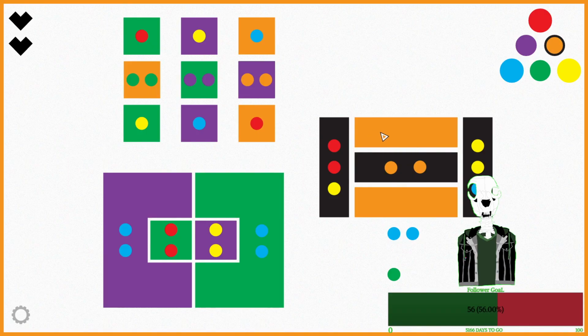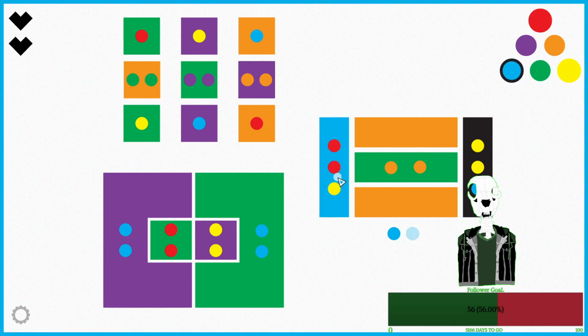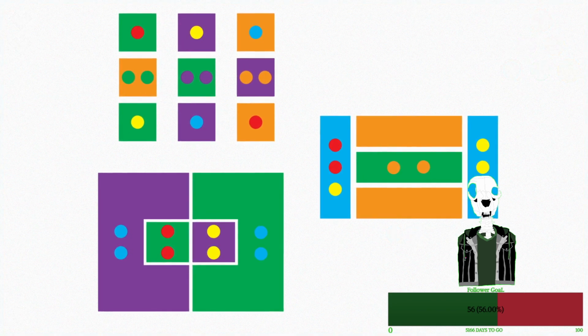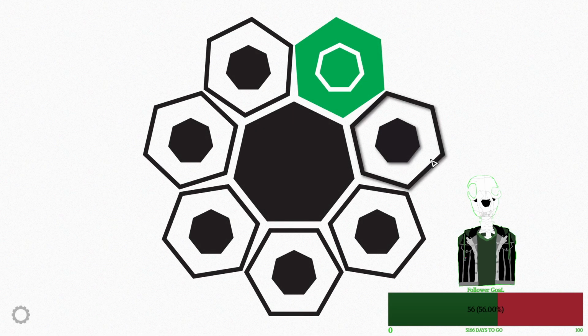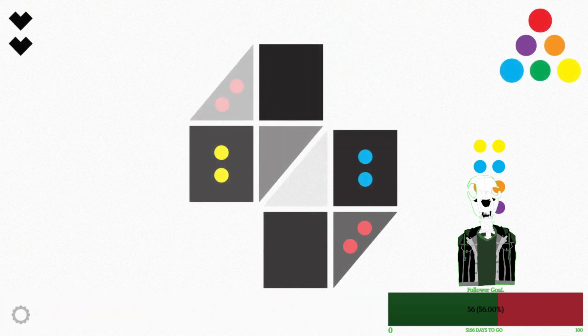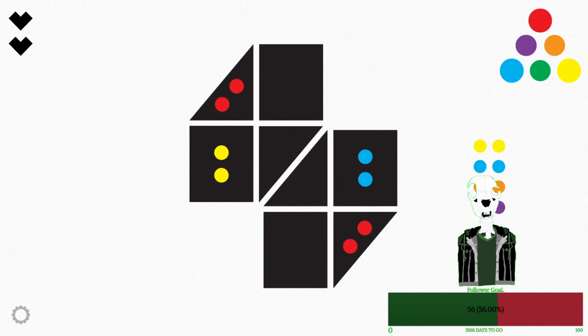See, because the issue is, does this count as these reds and these yellows, or does it count as this yellow too? I have no clue. And I don't really have a method to check that. And I honestly don't think they care, which is fair.